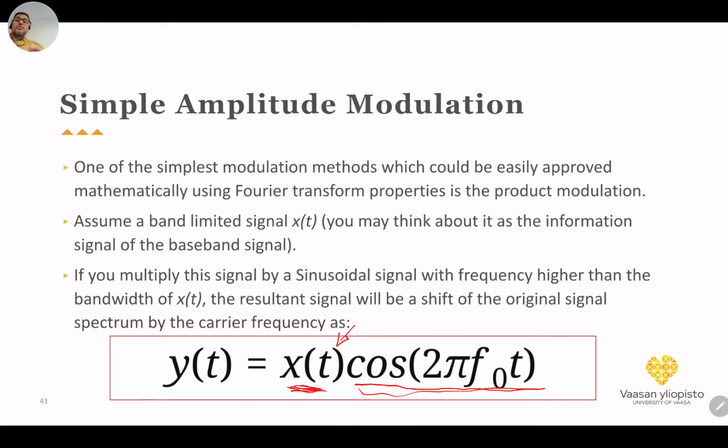It can be symbols, or an analog signal that represents the original signal exactly, without an analog to digital converter, as we will see in the digital communication part. So this is x of t multiplied by cosine 2 pi f0 t.